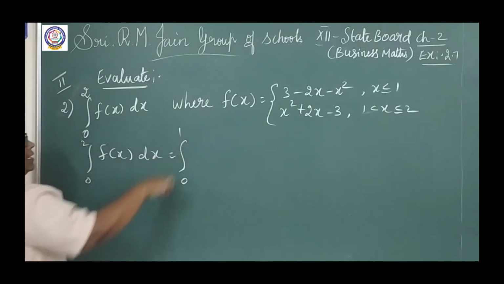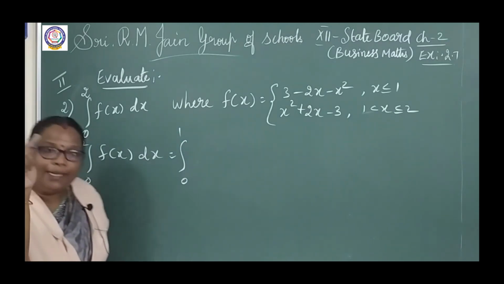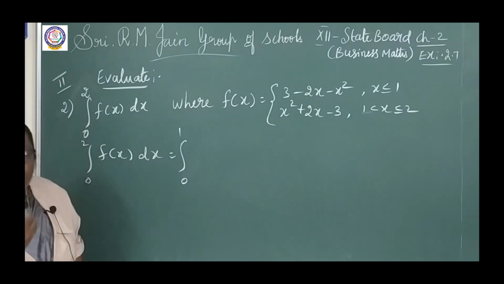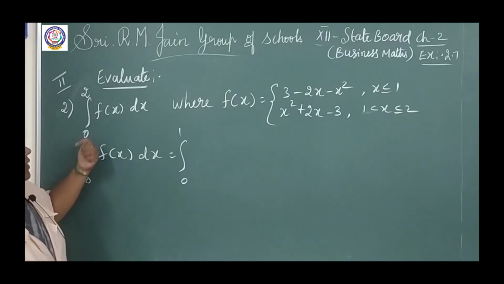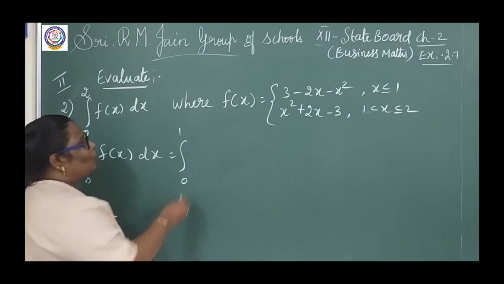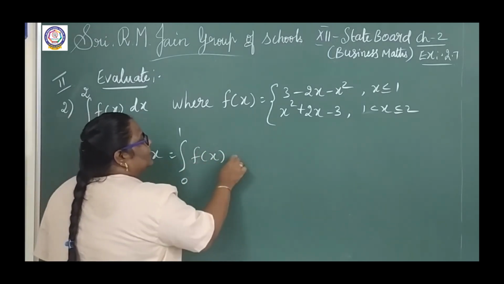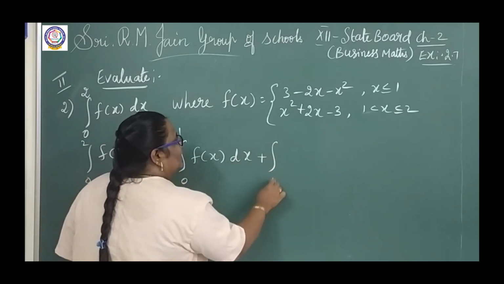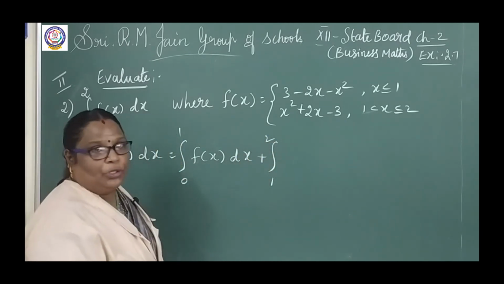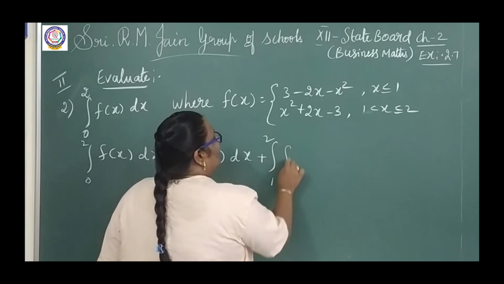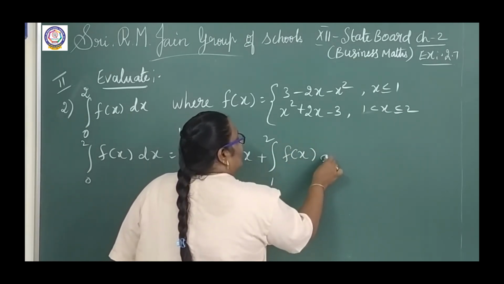See here, you will take integral 0 to 2 f of x dx equal to, you will split the term 0 to 1 because x is less than or equal to 1. So, it gives integral 0 to 1 f of x dx plus integral 1 to 2 f of x dx.